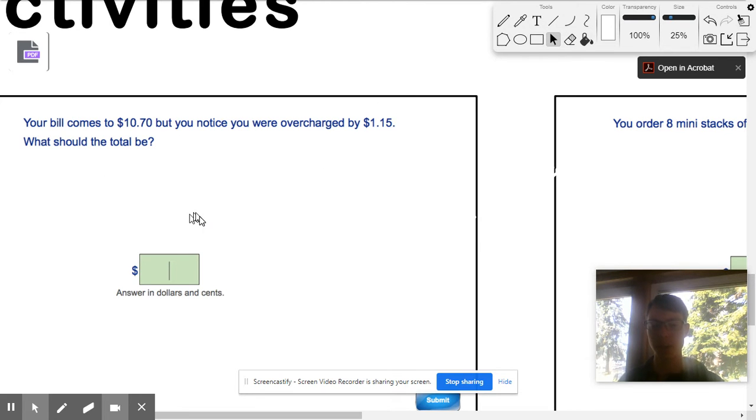What should the actual total be? Okay, so in this, you have to think, what is my total and how am I going to get to it? I know that I paid $10.70 and I know I was overcharged $1.15. Maybe my friend told me, okay? So what you need to do here is actually the subtraction.